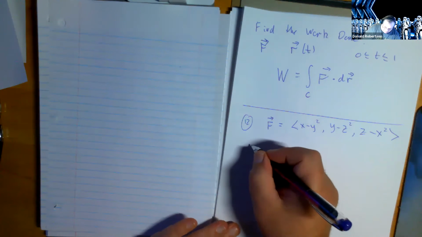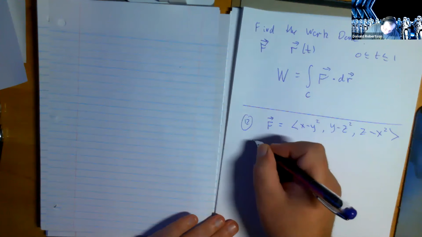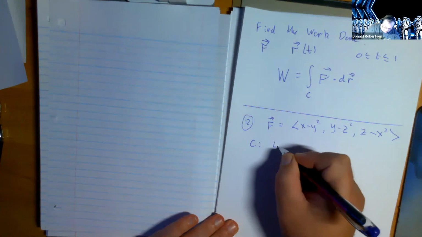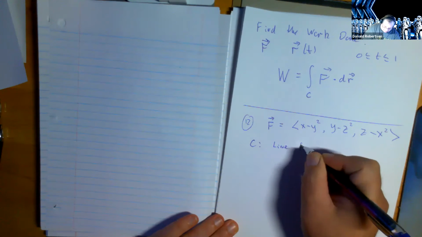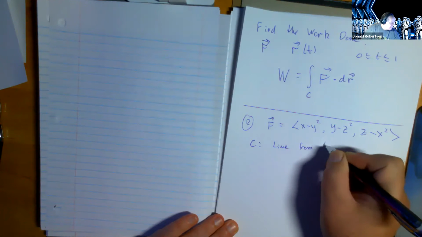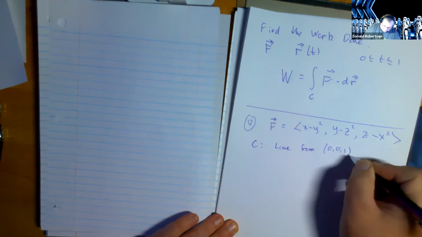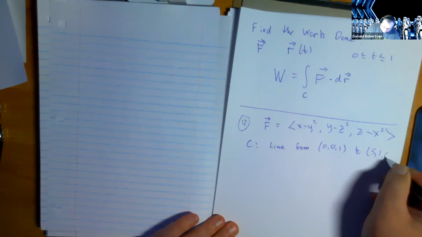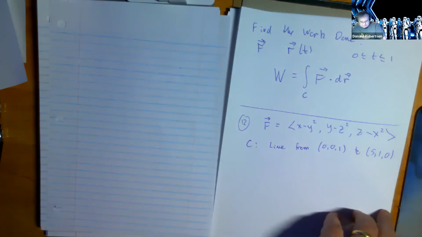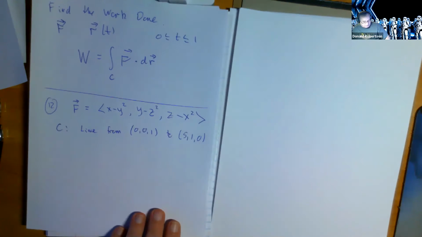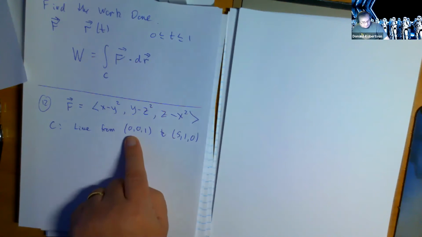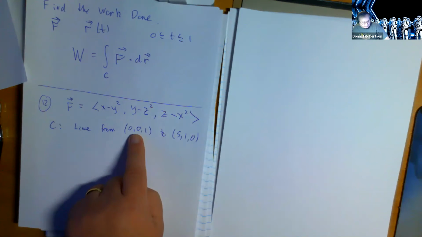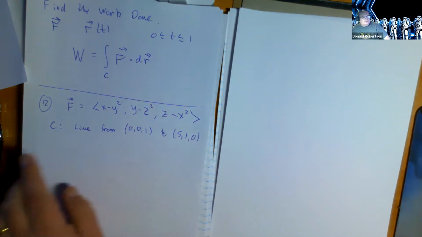And the curve C is defined as the line from the point 0, 0, 1 to 5, 1, 0. Okay, so our question is find the work done in traveling through this vector field from this point in a straight line to that point.